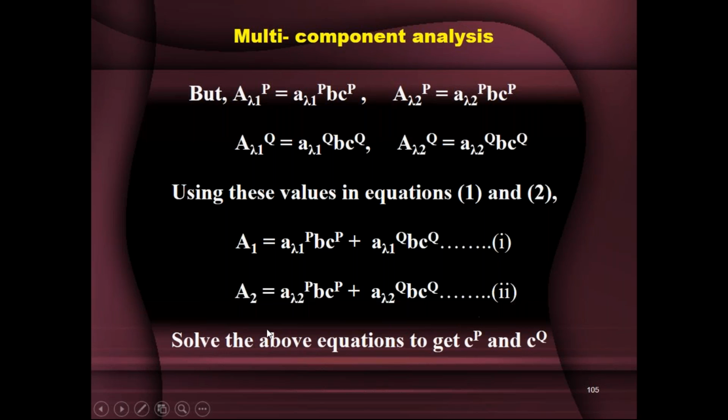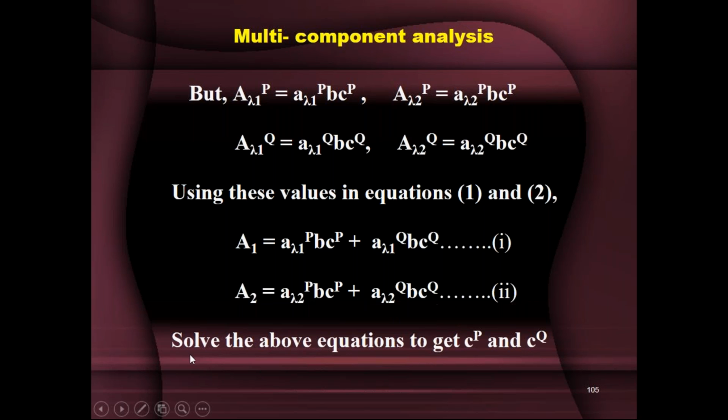So it's like solving two linear equations. Something like 0.2 equals 0.01 CP plus 0.02 CQ. And A2 may be 0.7 equals 0.03 CP plus 0.04 CQ.